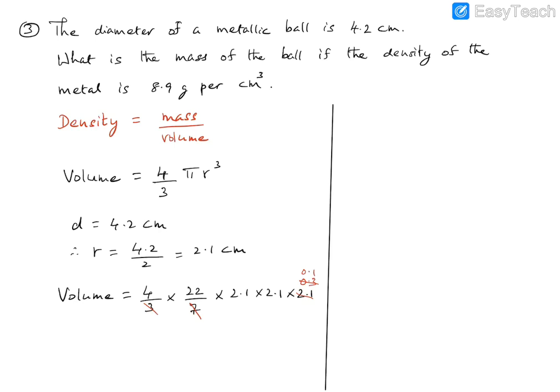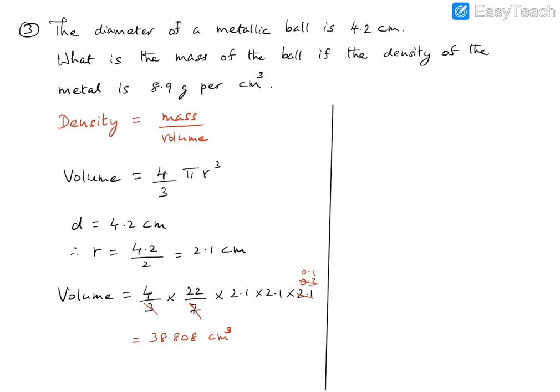So we'll have 4 into 22 into 2.1 into 2.1 into 0.1. When we multiply all these numbers, we get the value of the volume as 38.808 centimeter cube.